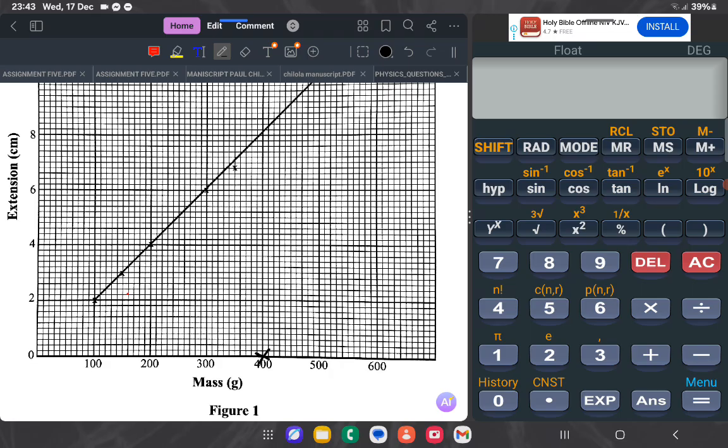Now all we have to do is go up along that line to the point where you touch the graph line. The line touches the graph line somewhere here, and then you go across to find the corresponding extension. This point is roughly 8.2.